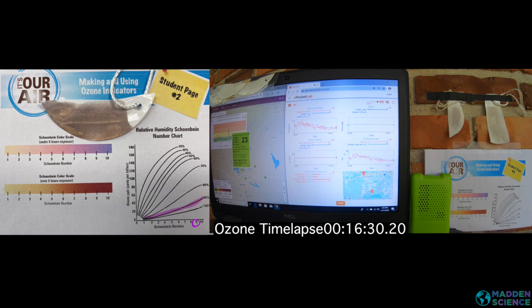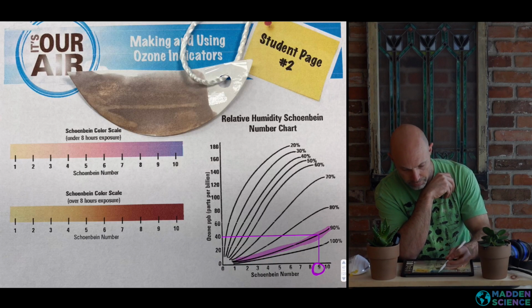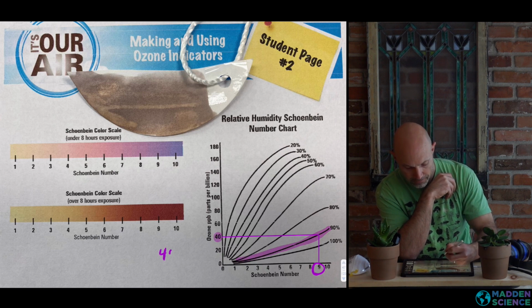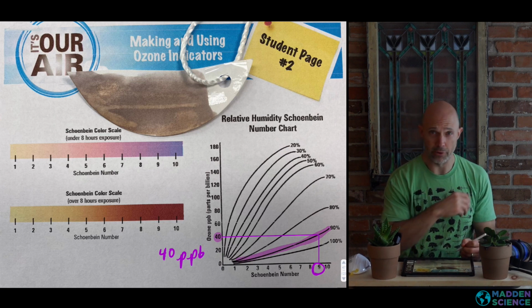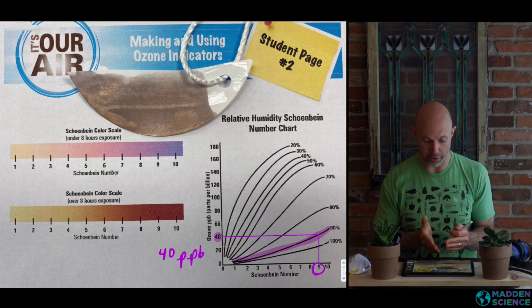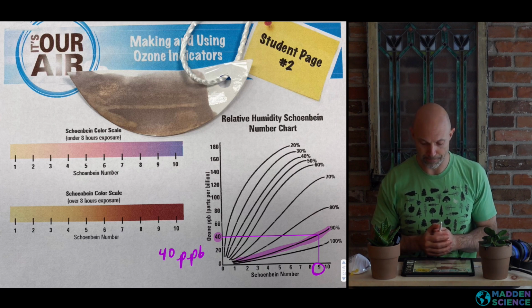So if we go up from there, 9 intercepts the 90, we go across, that's going to get us pretty much at 40 parts per billion. All right, so let's write that down, and then let's convert it. If we got 40 parts per billion, how many parts per million is that?